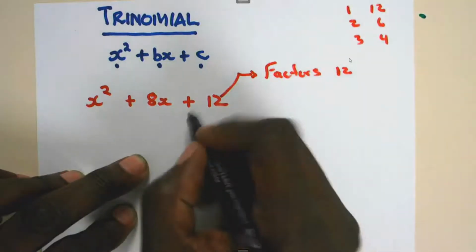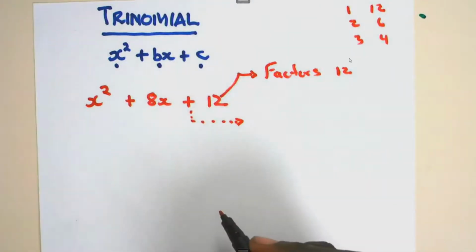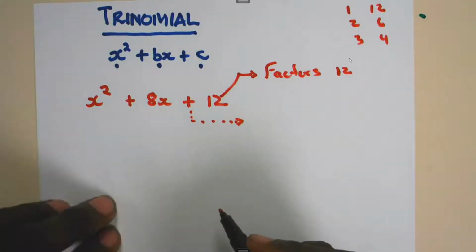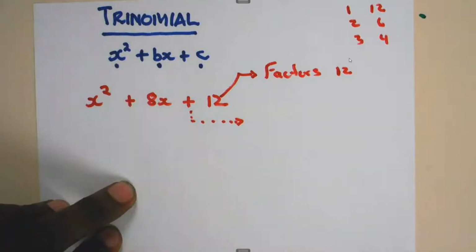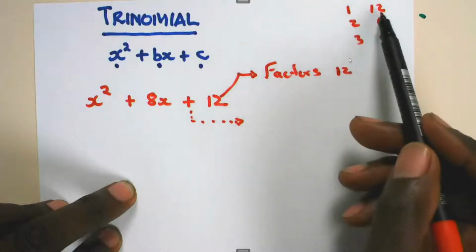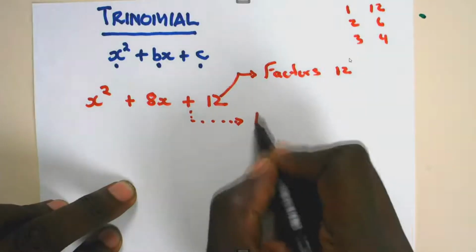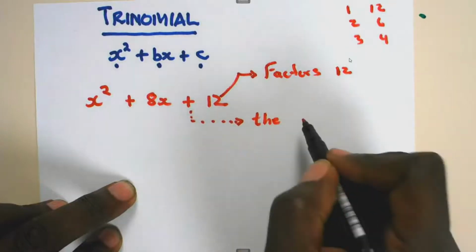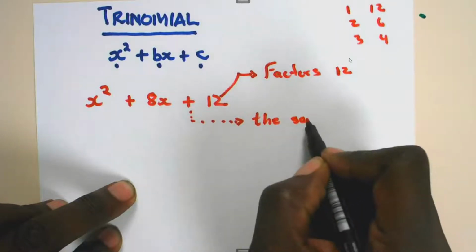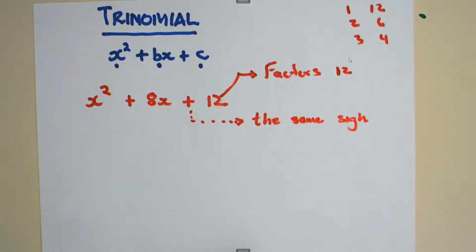Now, coming to this sign, what does it mean? The sign means they have the same sign. Now, the factors of 12, it can be 1 and 12, or 2 and 6, or 3 and 4. They have the same sign. In other words, if one is positive, the other one is going to be positive.